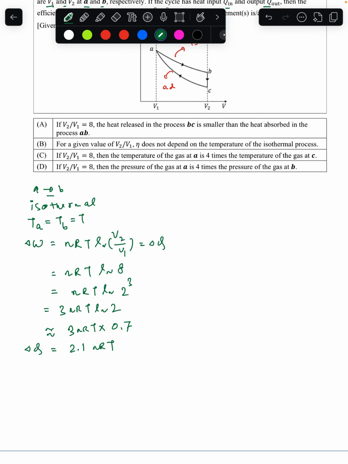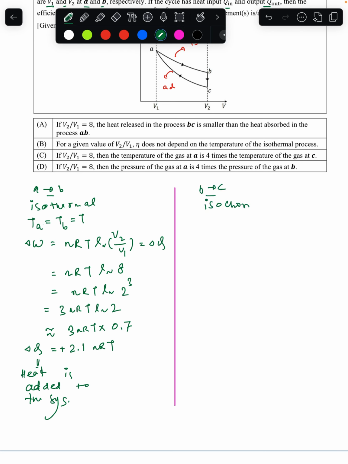Since delta Q is coming out positive, heat is added to the system. All right, so this is one part done. Then we'll go for the next part. If we check the second step, the next process is B to C. The B to C process is isochoric, where volume remains constant, so delta W is equal to 0.